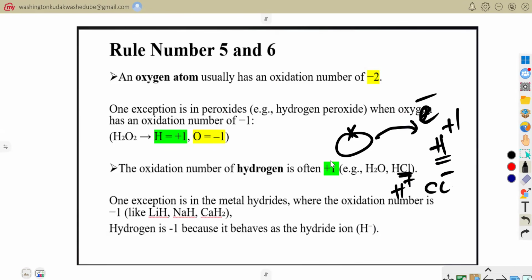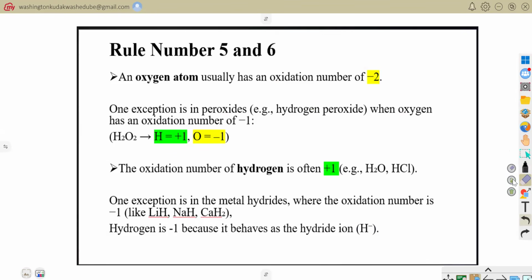However, there is an exception: when hydrogen is bonded to metals instead of non-metals, because we know that hydrogen is actually a non-metal. But when it is bonded to metals, it forms what we refer to as metal hydrides.